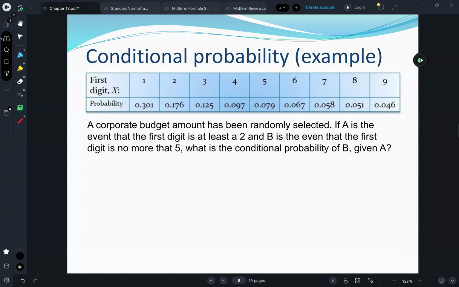The probability that the number starts with a 1 is higher than 2, higher than 3, and the probabilities decrease. That's Benford's law.